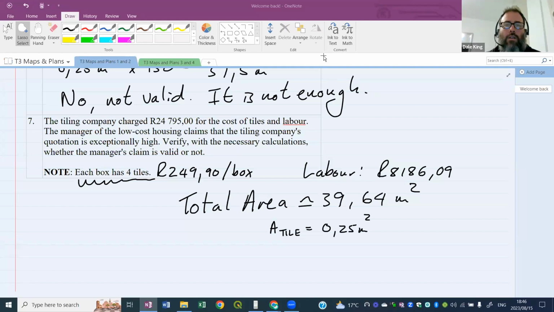Sir, I'm a bit stuck with this because I said 4 times 249, because each box, meaning each is 1, right? So each box, I said 4 times 249, and it gave me 999.6.